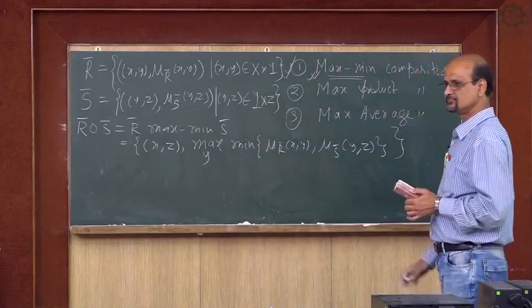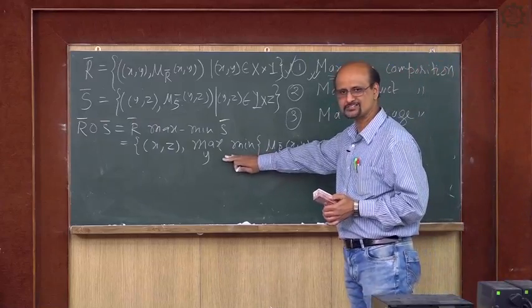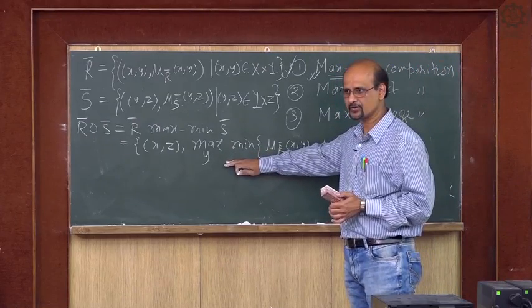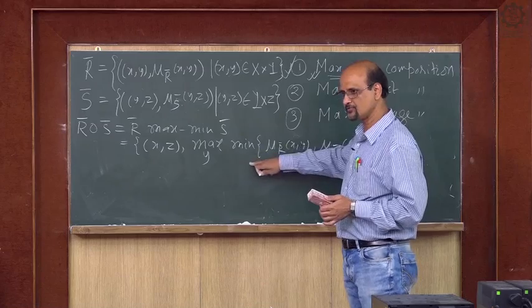Understood? Main is our membership degrees or values. I will take one example, then it will be more clear.